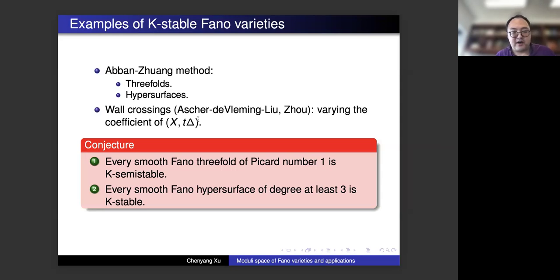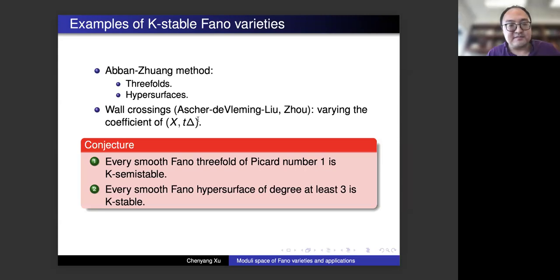And then of course for hypersurfaces, we want to ask whether every smooth one with degree at least 3 is K-stable. And Abban and Zhuang have so far the strongest statement along this direction. And also for cubics, Yuchen has proved it for fourfolds, but in general, it's still wide open.